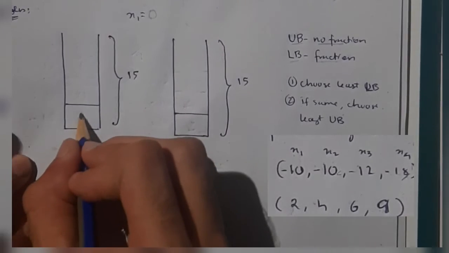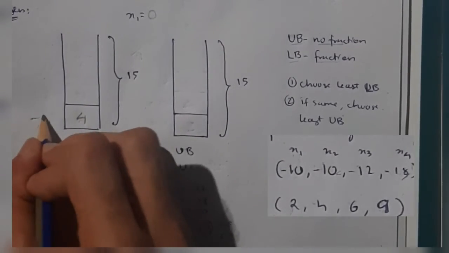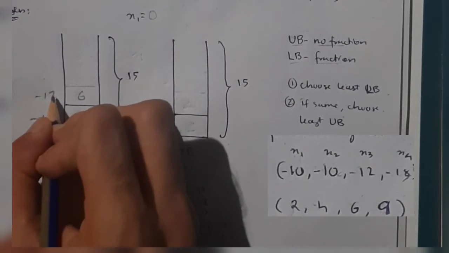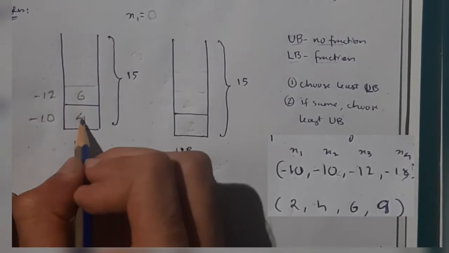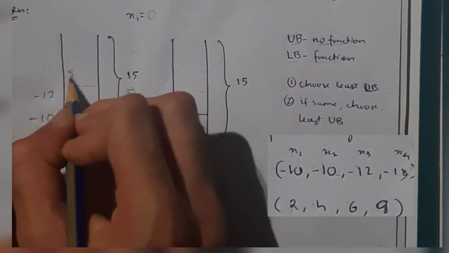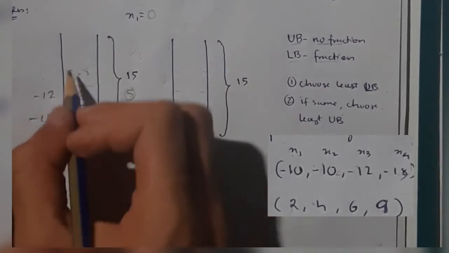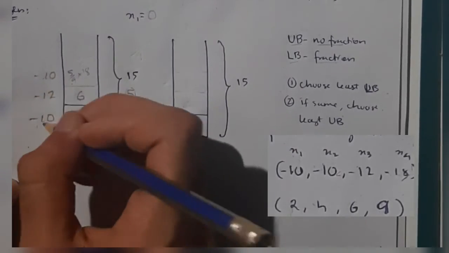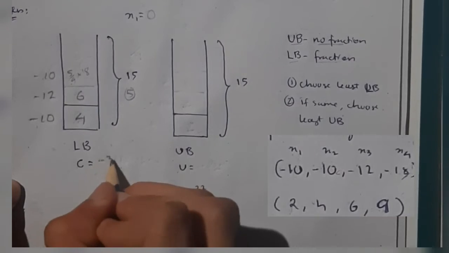So we write 4 first, and the total profit is minus 10. Then I'll write 6 here, the total profit is minus 12. 6 plus 4 is 10, out of 15, 5 is left. So I can include 5 by 9 of 18, which gives minus 10. So the total profit will be minus 32.